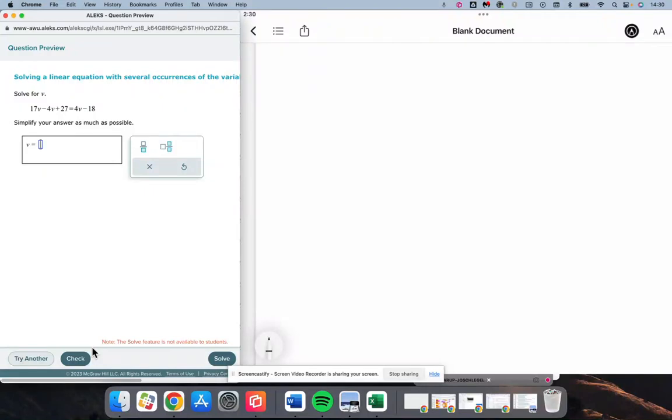All right, and so we do have, in this case, variables on both sides. And so again, just a little bit more work to do here than what we have done in the past. Nothing too crazy. We've got 17v minus 4v plus 27 is equal to 4v minus 18.